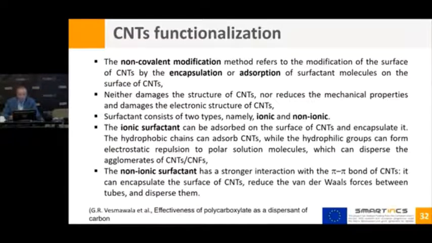They can be used also for graphene and also for any kind of material you want to disperse. These kinds of surfactants are also used with ceramic powders, for example, if you want to prepare ceramic slurries. So they are efficient and they favor dispersion of, in our case, carbon nanotubes into cement powder and cement suspension.